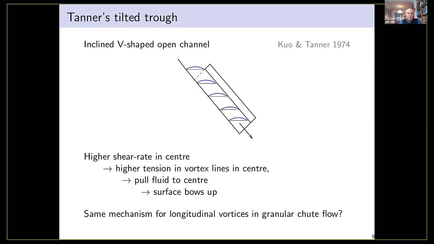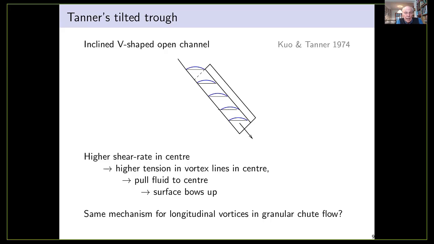And in that flow downhill, in the center of the channel, it flows faster. In lubrication theory, as it's been mentioned, it flows proportional to the local depth squared. So that means that the shear rate will be proportional to the local depth to the power 1.